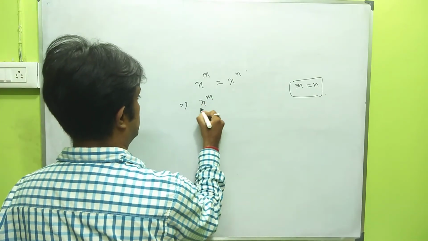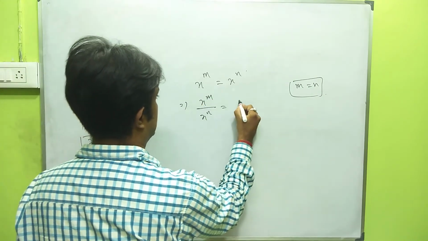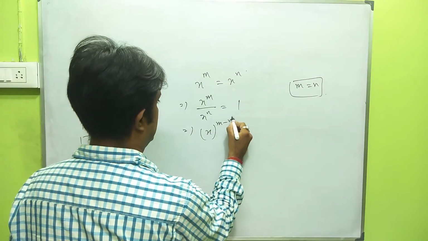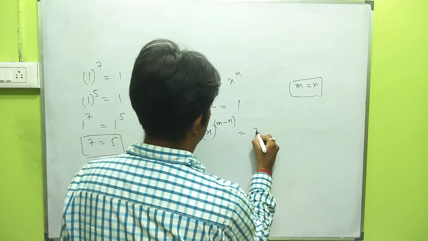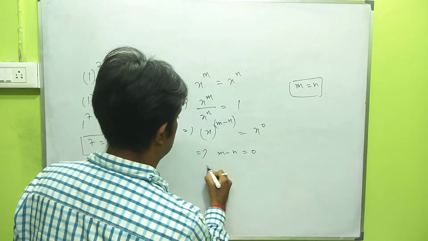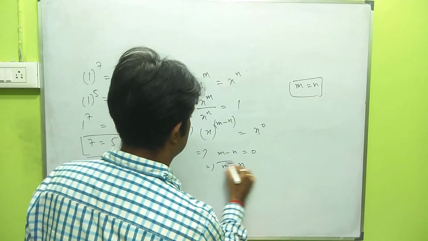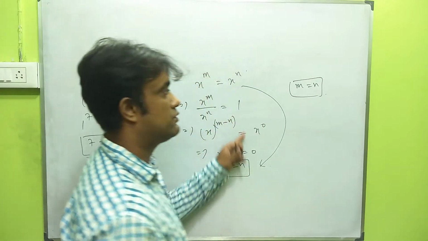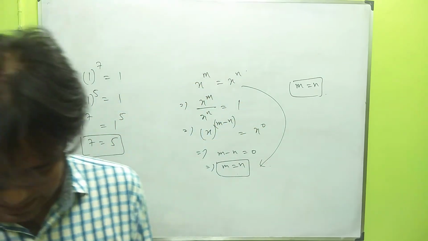Suppose x to the power m by x to the power n, that is 1. So x to the power m minus n is equal to x to the power 0. By this, m minus n is equal to 0, that is m is equal to n. So we prove this in this way, m is equal to n.